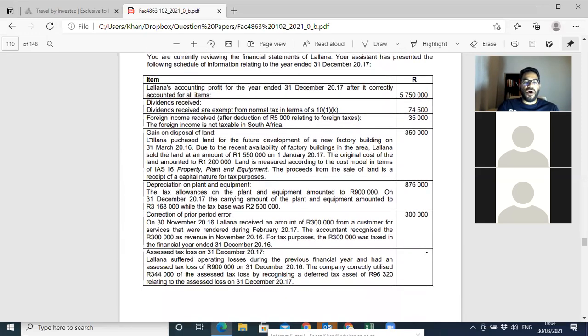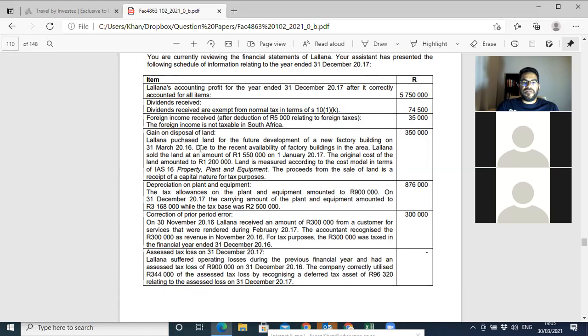Then we have gain on disposal of land. Lalana purchased land for the future development of a new factory on 31 March 2016. 31 March 2016 is in the prior financial year.